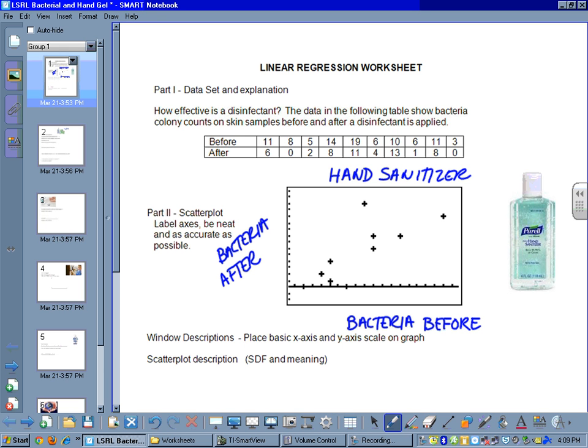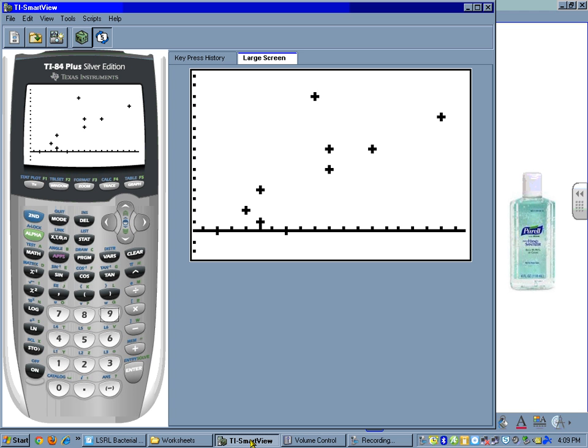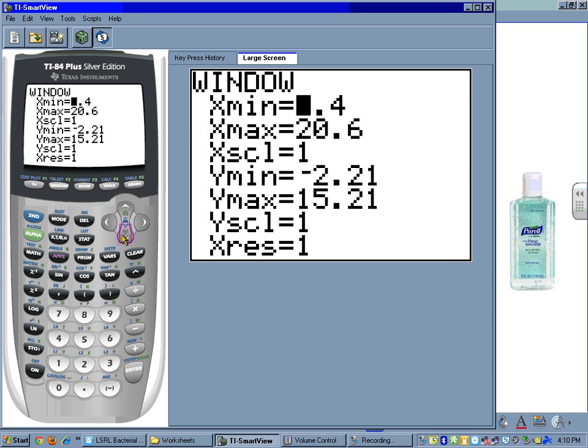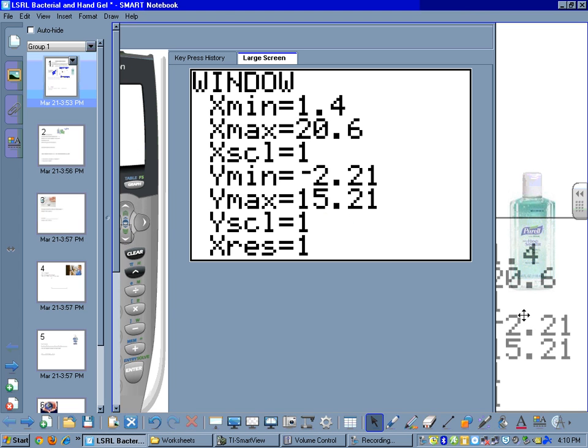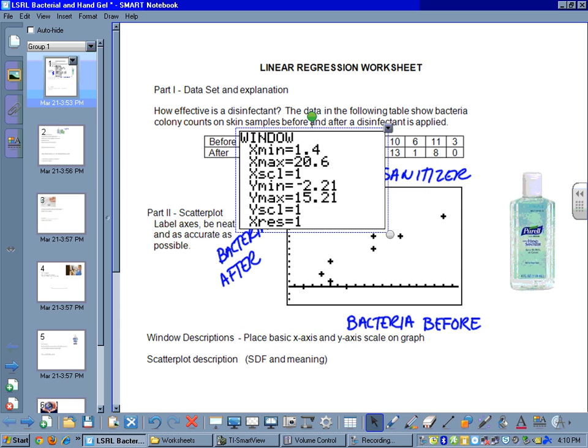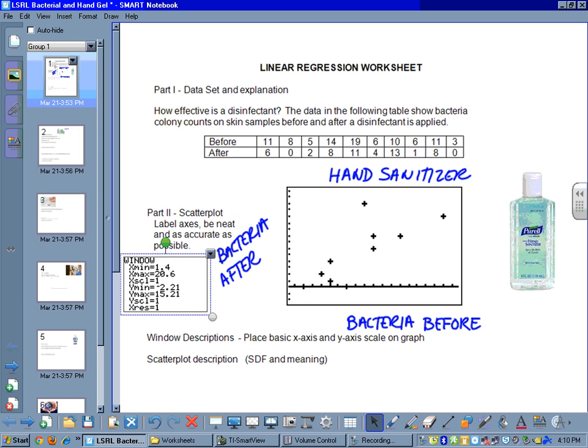The other thing we need to do for this plot is to get our window descriptions so we can give some meaning to our axis labels. And so I am going from basically 1 on the x-axis to approximately 21, and on the y-axis it looks like I'm about at -2 to 15.